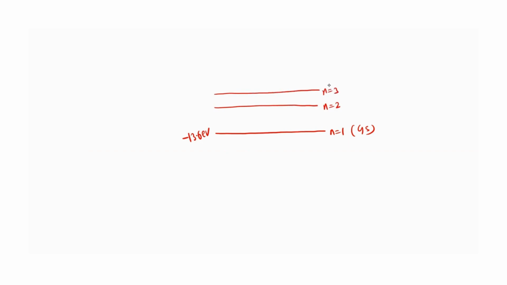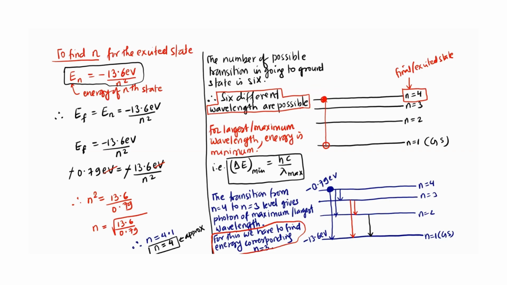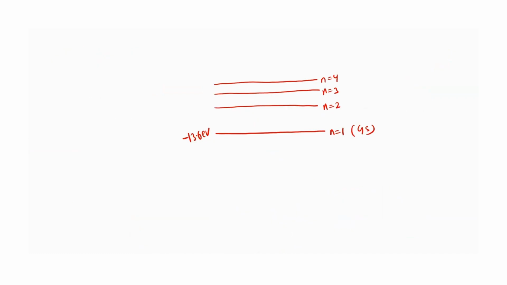So I'm redrawing the energy level. N equals 1, this is ground state, and its energy is minus 13.6 electron volt. This is n equals 2. This is n equals 3. And this is n equals 4. And the energy corresponding to n equals 4 is minus 0.79 electron volt.